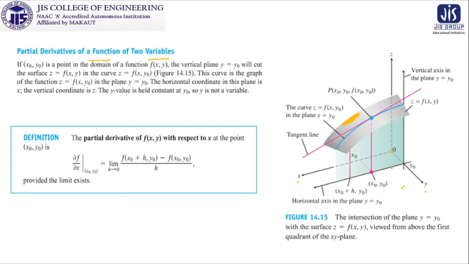Now what you are doing, you are considering y equal to y0, this vertical plane, and this vertical plane is going to intersect this surface, and this is the intersecting curve, the blue line, what you see.